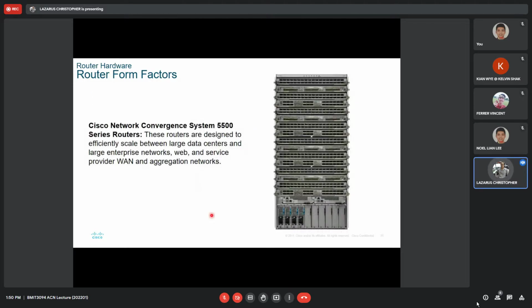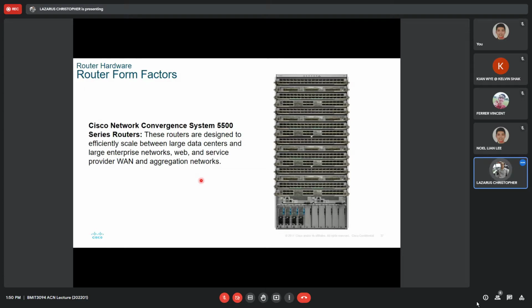All right. So here we have an example: the Cisco Network Convergence System 5500 series routers. This can scale up; you can stack them up. This is for large data centers and large enterprise networks, web and service provider, wide area network, and aggregation networks.